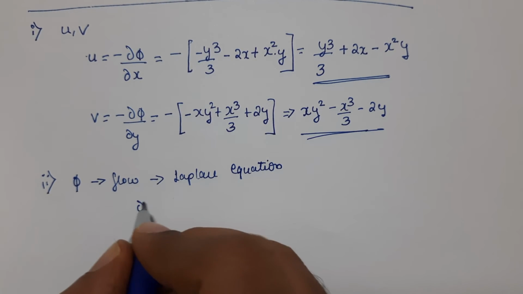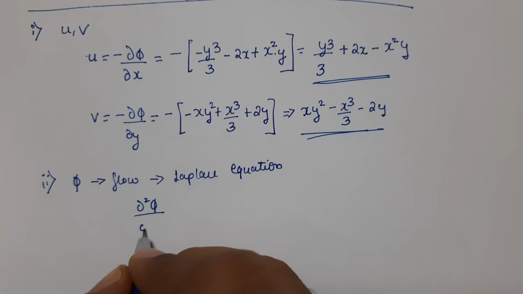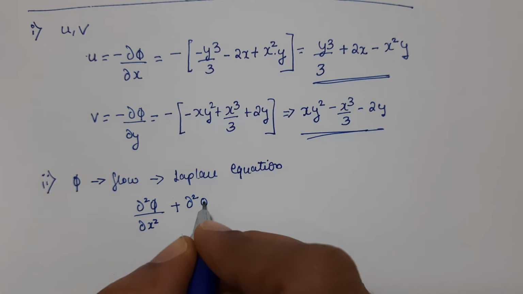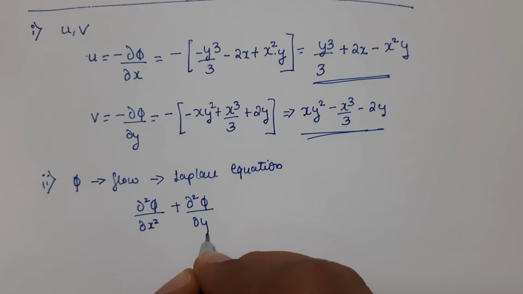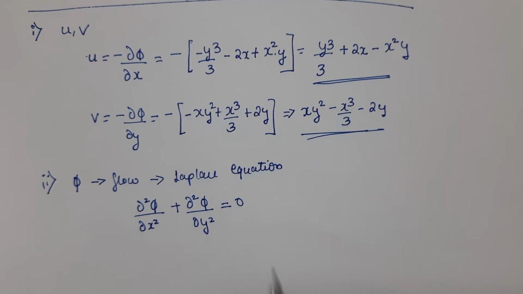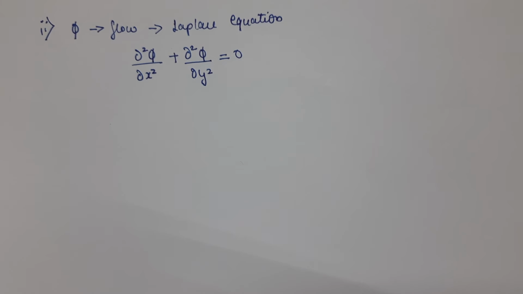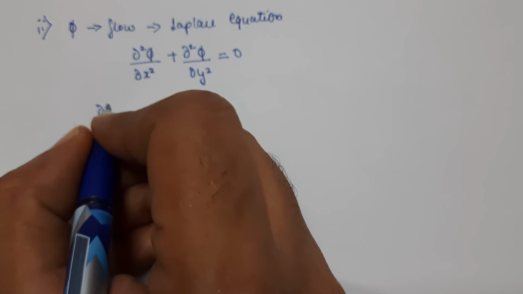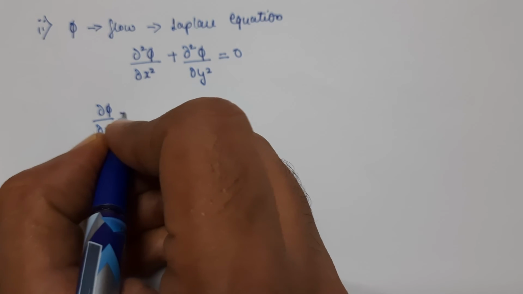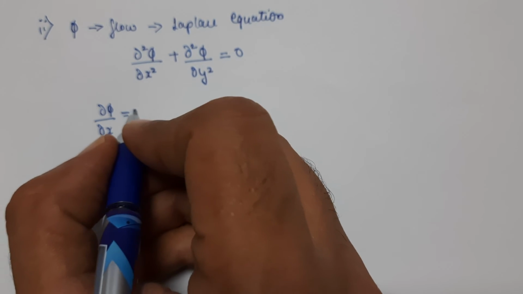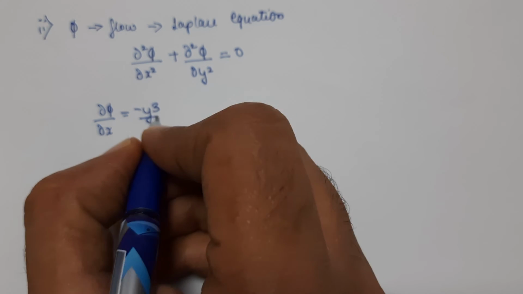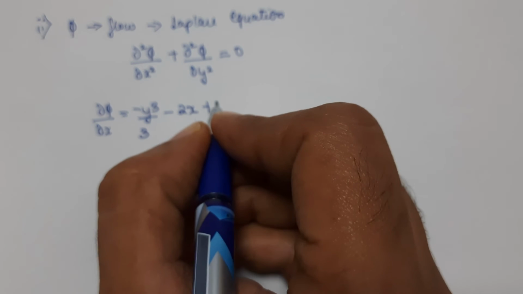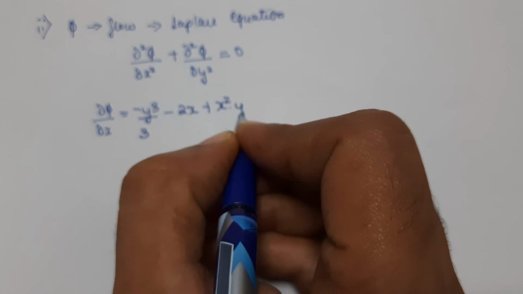It is nothing but dou square phi by dou x square plus dou square phi by dou y square, and that is equal to 0. Now we already know that dou phi by dou x is equal to minus y cube by 3 minus 2x plus x square into y.